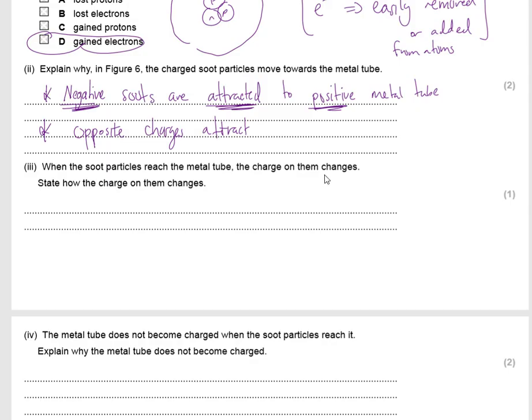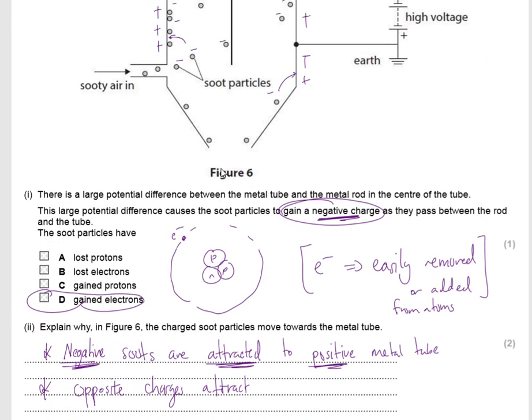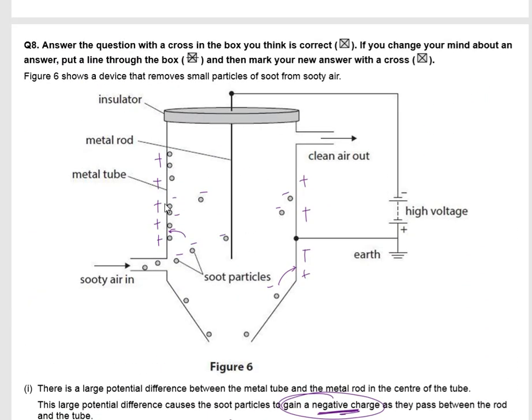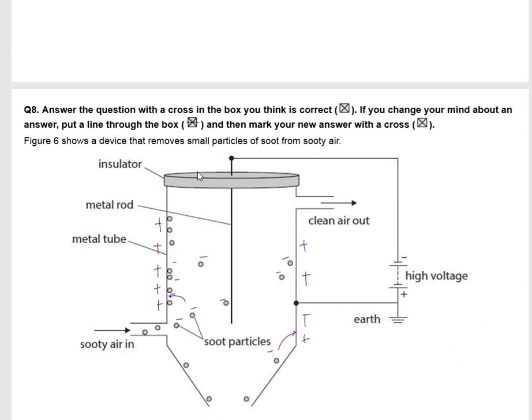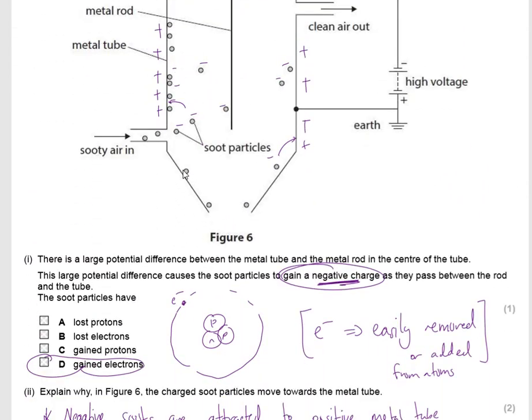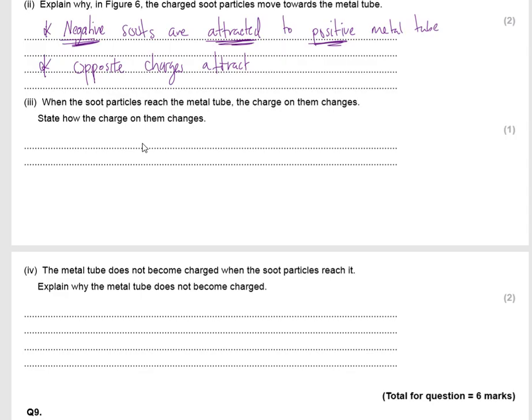Now, when the pulse reaches the metal tube, the charge on them changes state. How did it change? Now we have positive and negative, so they balance each other out. Therefore they become neutral.